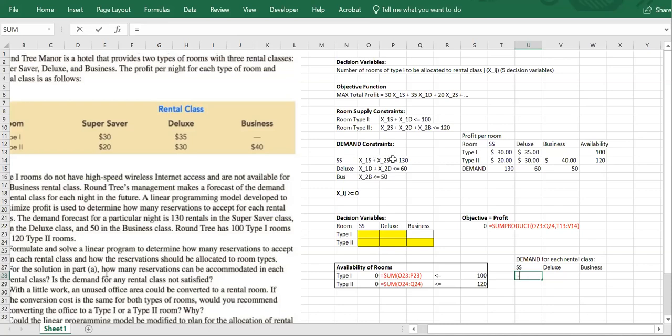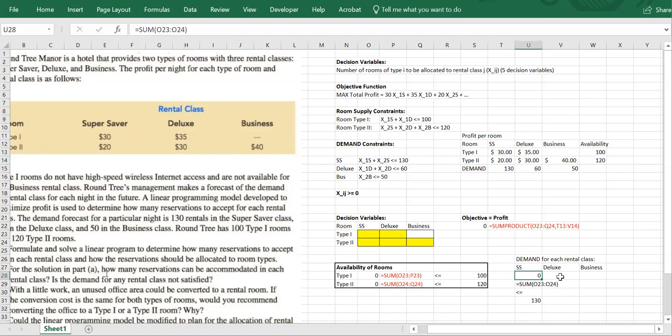The number of rooms allocated to each rental class should be less than or equal to the maximum demand for that class of customers, right? So for Super Savers, the number of rooms that are allocated to this class would be the sum of type 1 and type 2. And that should be less than or equal to 130. That's the demand, right? 130.